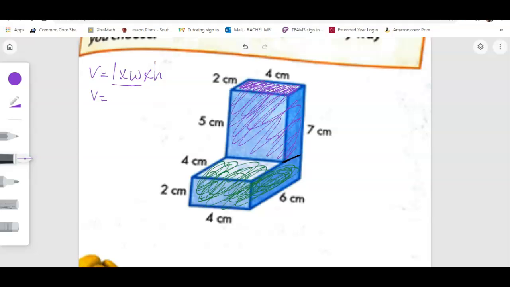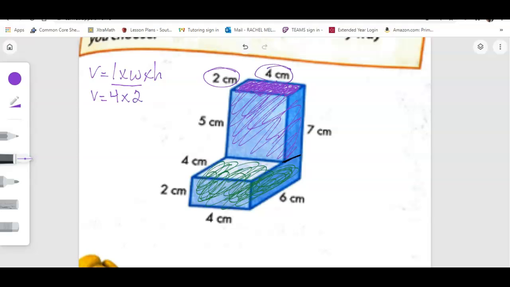And ignore Lincoln in the background, he's barking at, I don't know, a cat or something outside. I'm thinking about this base shape. The length, remember, is the top or bottom, so that's right here. The length of that base shape is 4. The width of that base shape is 2.